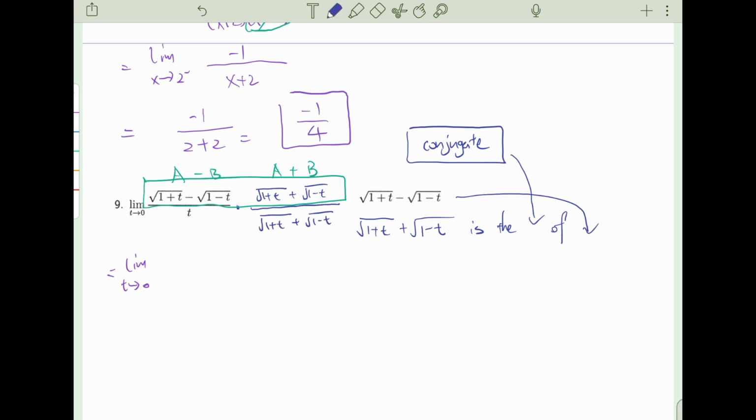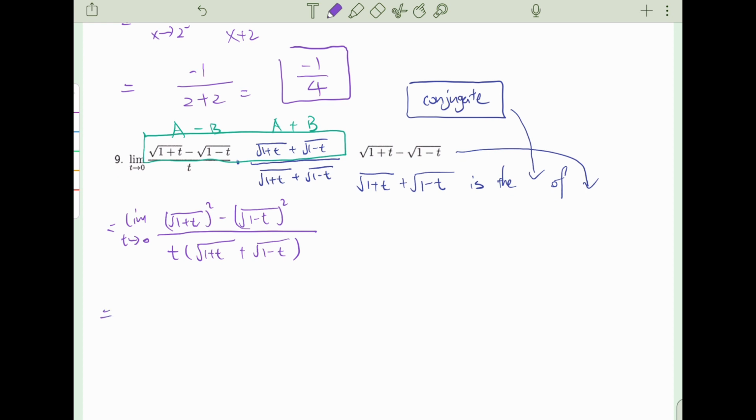So it turns into a squared, which is this guy, bracket squared, minus another guy, bracket squared, all together over t multiplied with bracket a plus b, which I'm not doing anything to for now. Okay, and I continue.